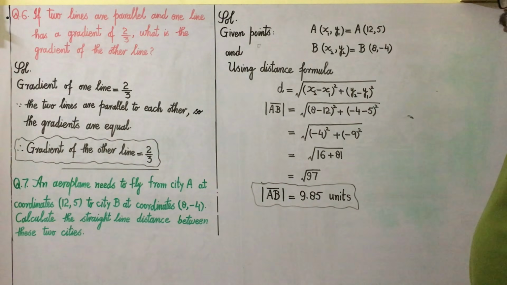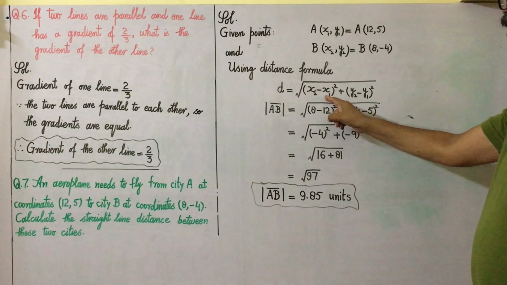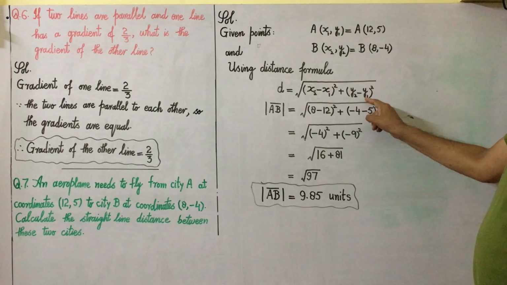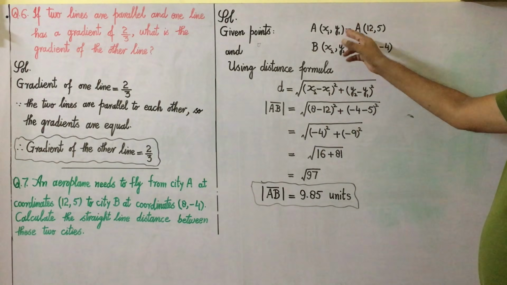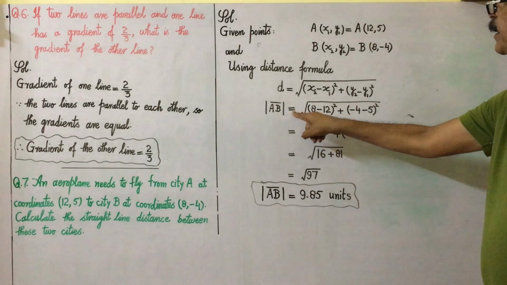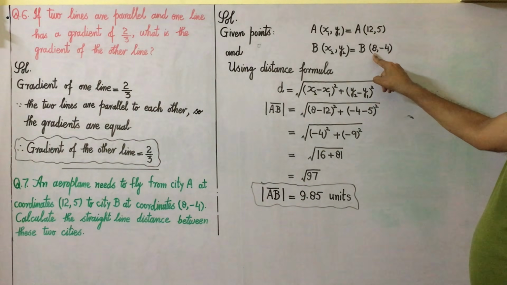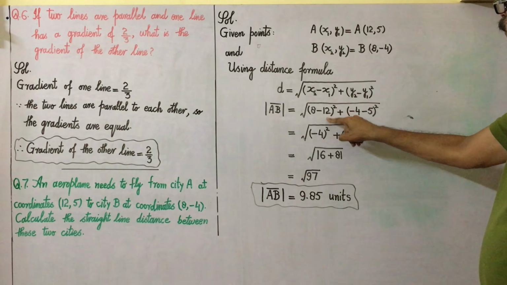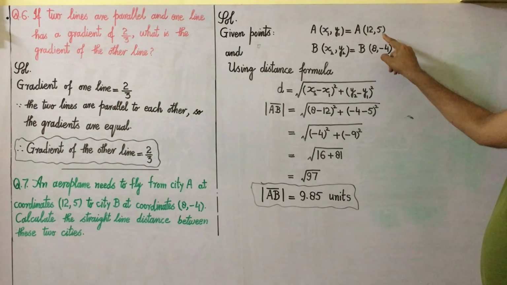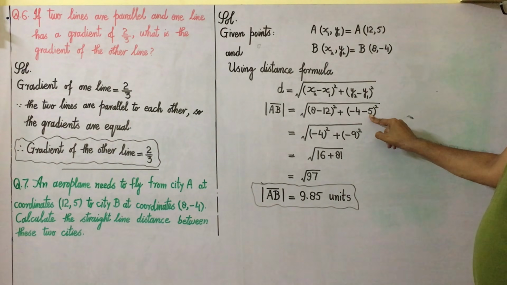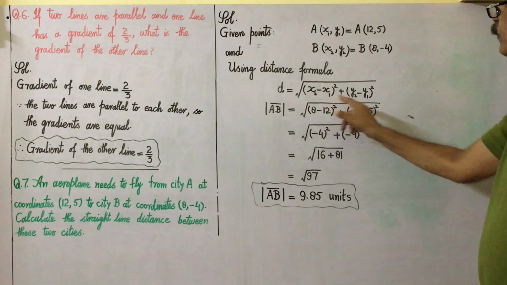Using distance formula, which is the square root of (x2 minus x1) whole square plus (y2 minus y1) whole square. The distance between A and B is the square root of (8 minus 12) whole square plus (minus 4 minus 5) whole square.